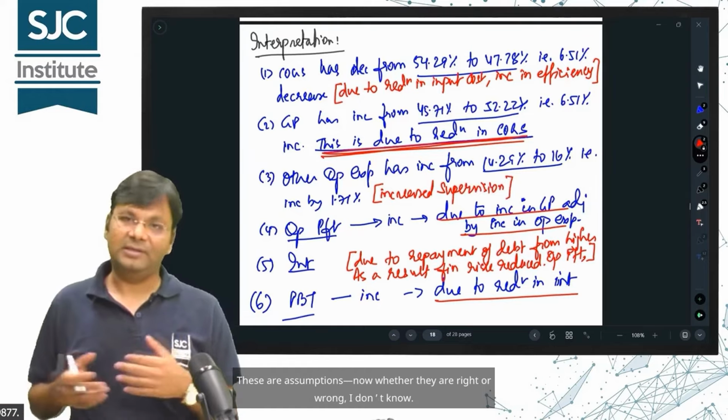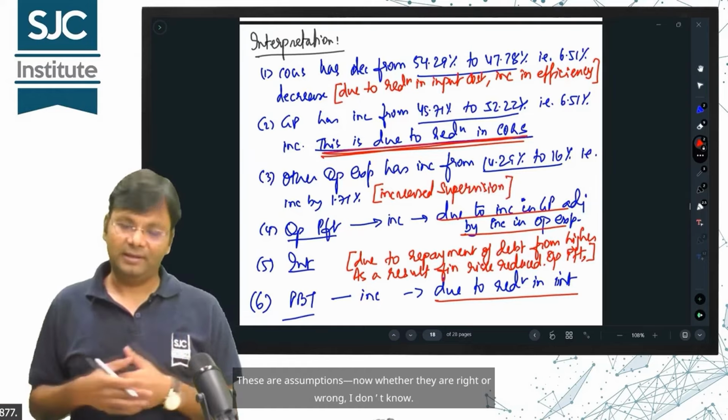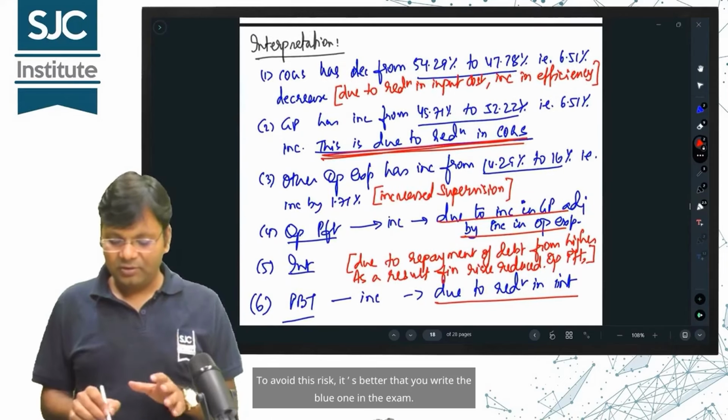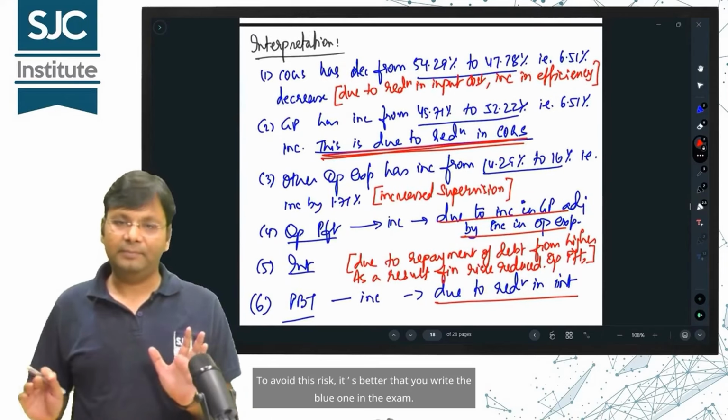These are assumptions. Now whether they are right or wrong, I don't know. But there is a risk that if you write something else, some other reason which is actually hidden here, then your marks could be cut down to 0. To avoid this risk, it's better that you write the blue one in the exam. It's very good to know all this, but in the exam it's safe to write the blue one.